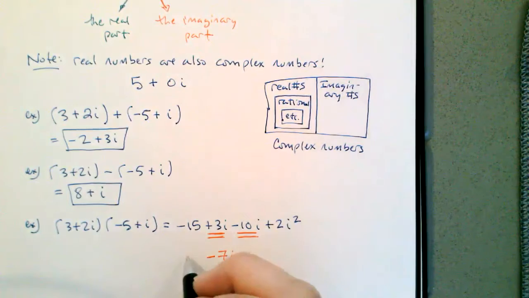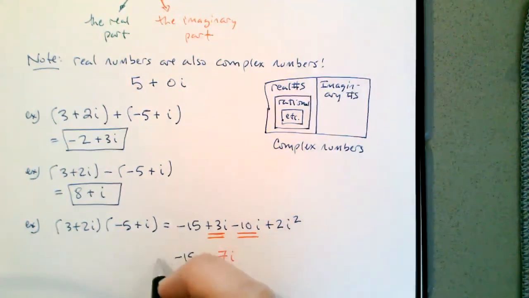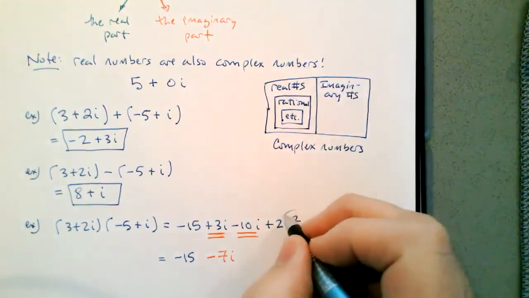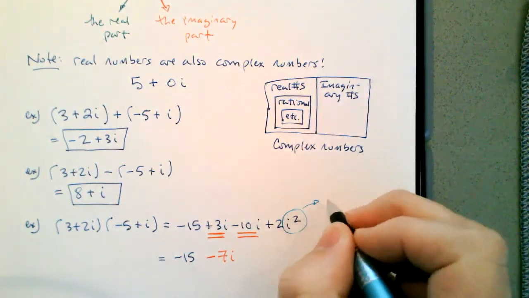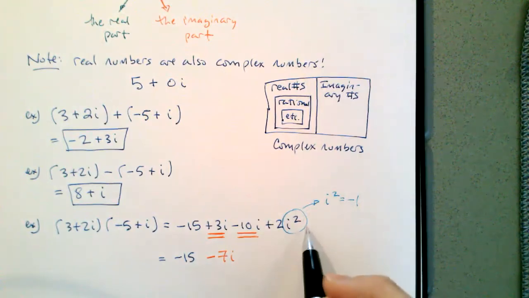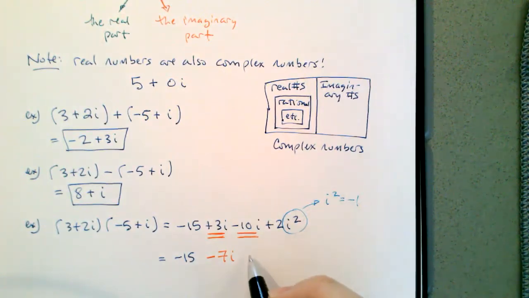I'll go to minus 15. The other thing that can happen is that since i is the imaginary unit, i squared is equal to -1. So plus 2i squared is the same as minus 2.